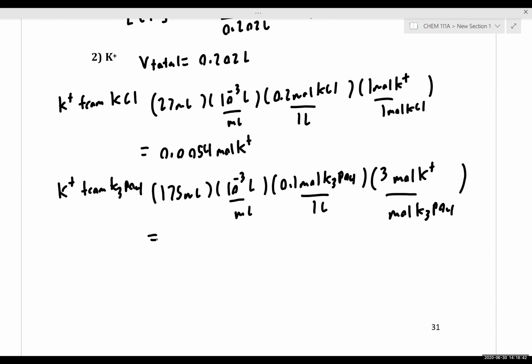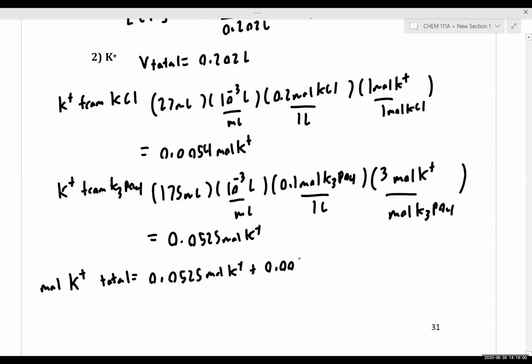So if we punch that into our calculator, we get a moles of potassium of 0.0525 moles of potassium. Adding it together, our moles of potassium total are equal to 0.0525 moles of potassium plus 0.0054 moles of potassium, which in turn gives us 0.0579 moles of potassium.